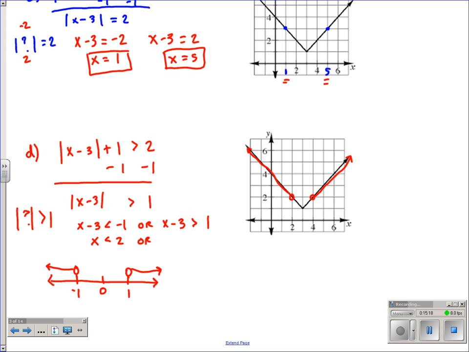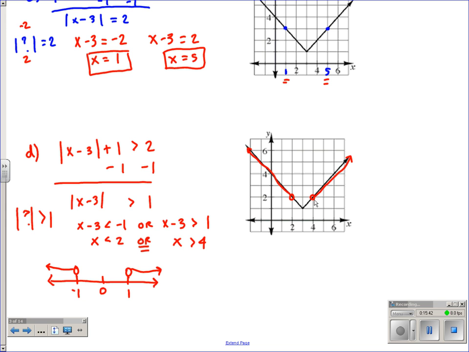Or, and you have to have or in there. It is part of your answer. We add 3 to each side here. We get x is going to be greater than 4. And let's take a peek here and see if that makes sense with our graph. We're saying that on our graph here, all of these points have an output that is greater than 2.